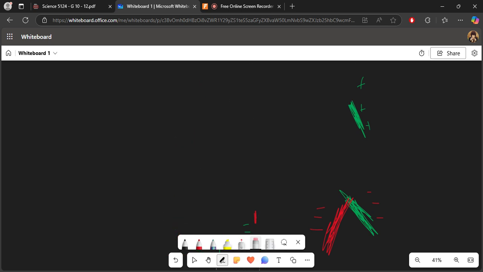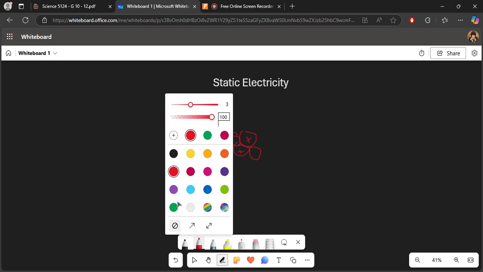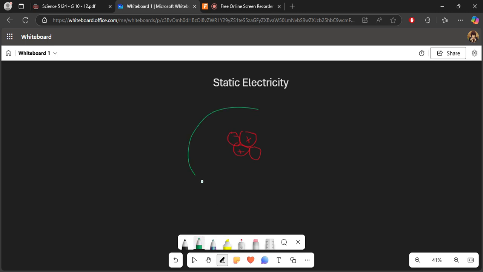Remember what I said just now? I said it's not the protons, it's not the positive charges that move, it's the negative charges. When you go to our atomic structure, an atom looks something like this. Let's look at helium, for example. We have protons and neutrons, and in our orbits, we have negatively charged electrons.